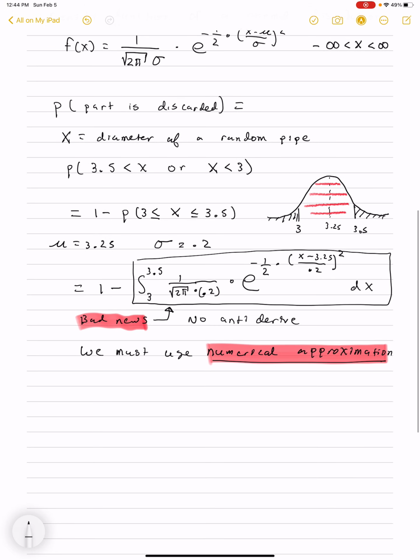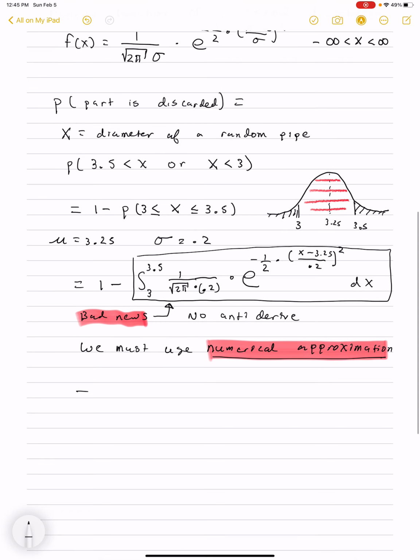Those are all numerical approximations. You could do any of those methods. You could ask your calculator to do numerical approximation. You could ask your calculator to calculate probabilities with a normal distribution. You could use a calculator that's a little bit more fancy, like the one I'm about to show you, or you could use one in R or Python. So we're going to use a calculator.